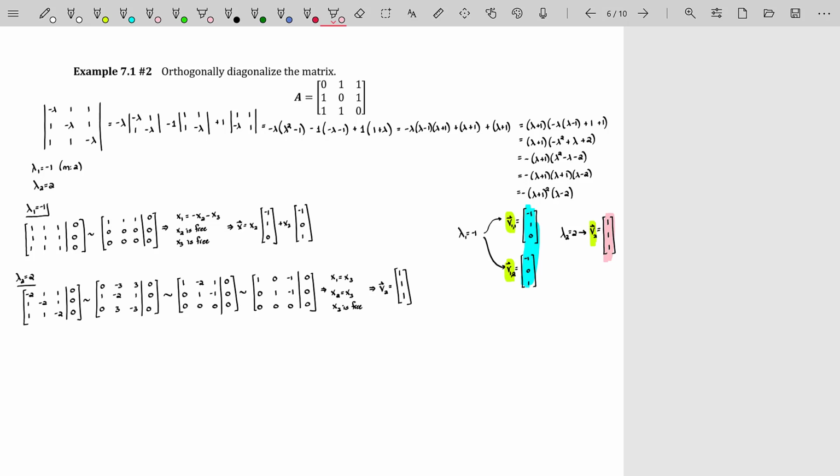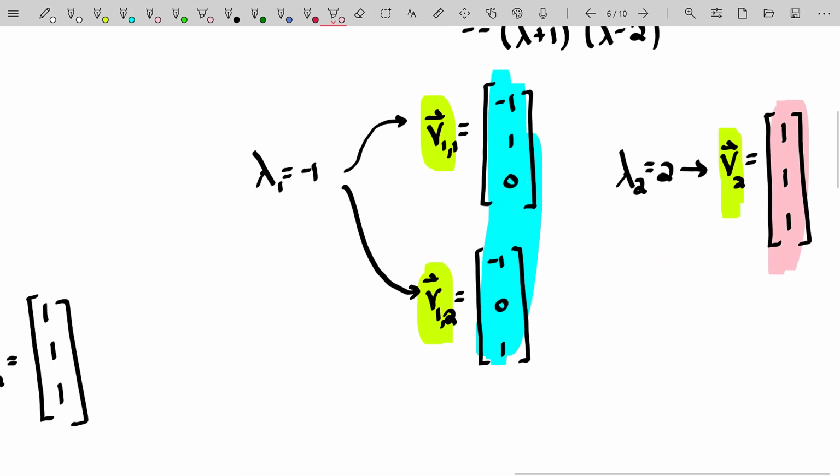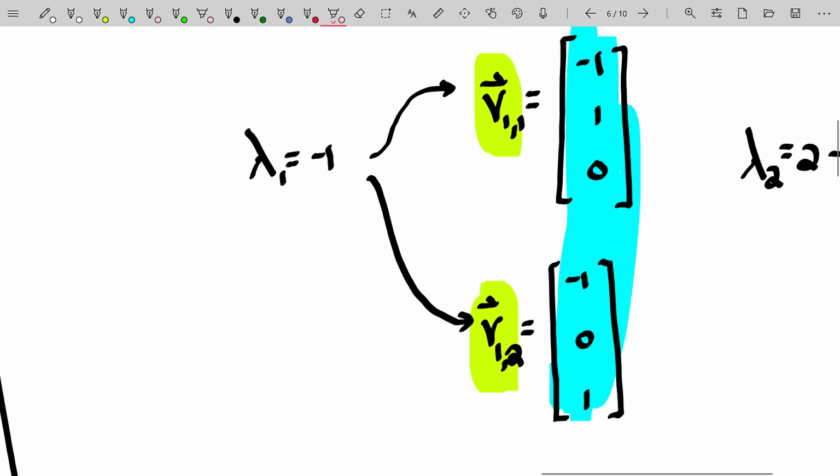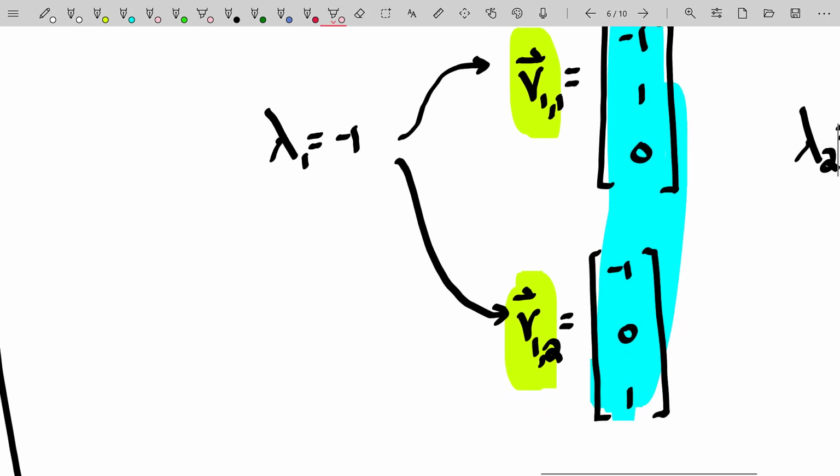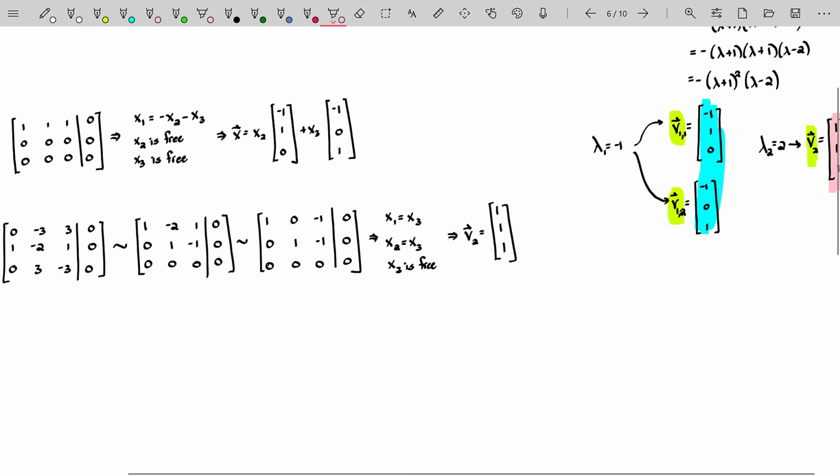Now, I already have that v sub 2 is orthogonal to v sub 1,1 and v sub 1,2. So all I really need to do is orthogonalize these two vectors. We're going to use the Gram-Schmidt process for that.